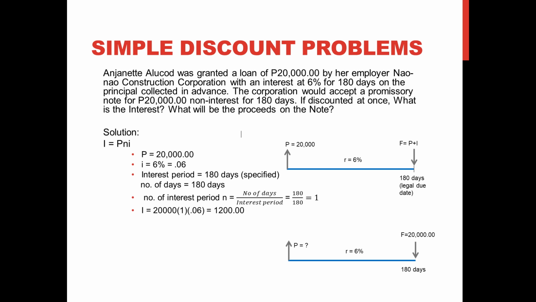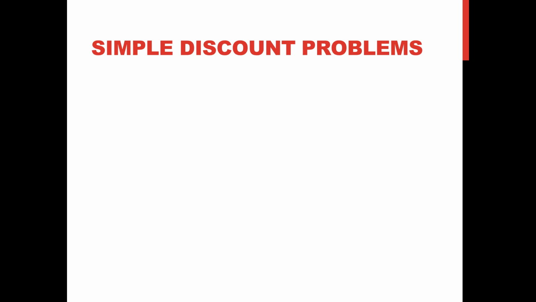So the principal is unknown here. Of course, principal is just equal to F minus I. So 20,000 minus 1,200, that is 18,800 pesos. Okay, that's it for this problem. So that is actually the proceeds on the note.